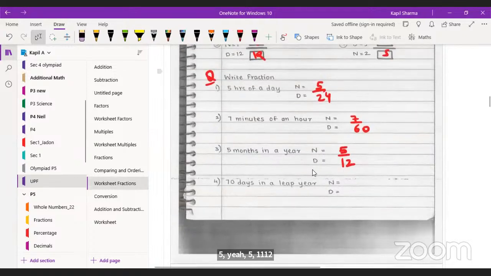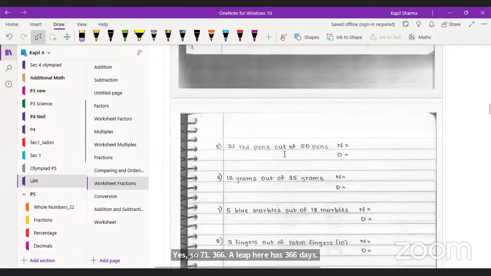Okay, fourth one, 70 days in a leap year. Okay, Yashika. Others, Devika, Swastik. Yes, so 70 over 366. A leap year has 366 days. Don't write 365. Okay, Devika. Next one, 21 red pens out of 50 pens.